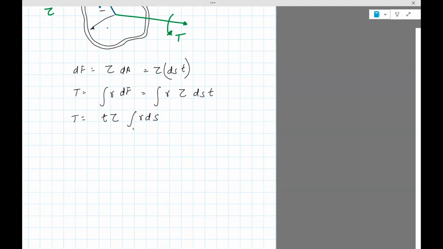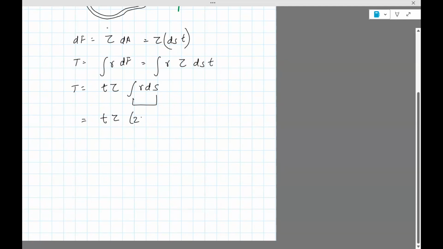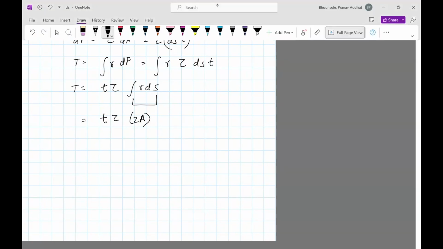Now this is something which we can compute. Let me first write it down and then explain why it's 2 times A. Bear with me, I'll tell you why that 2 is there. But what this A signifies is this.